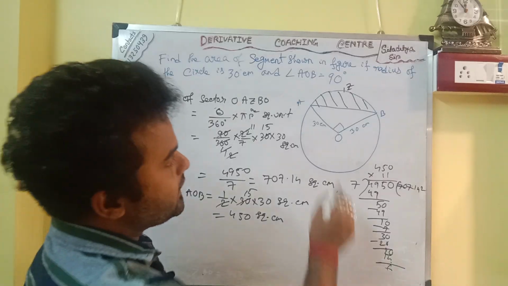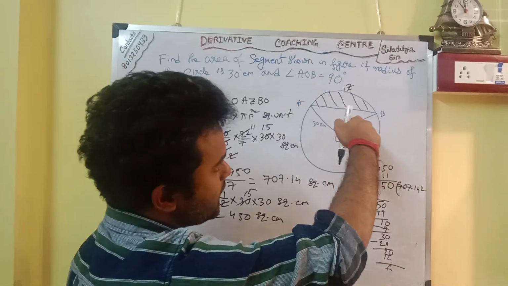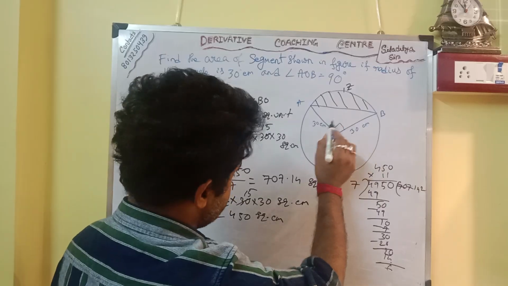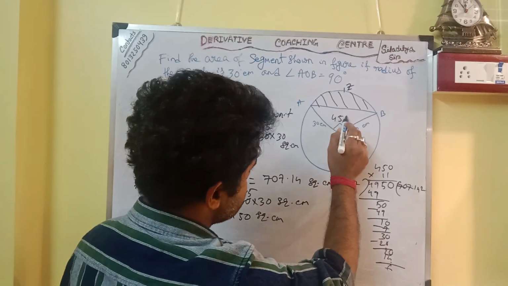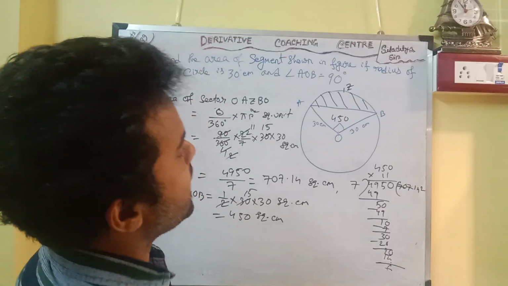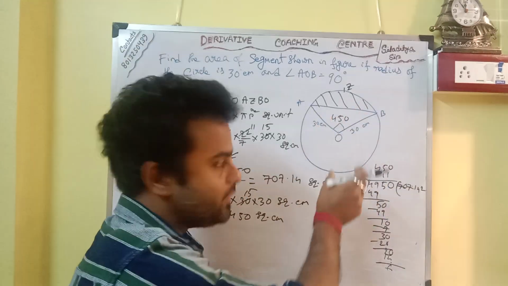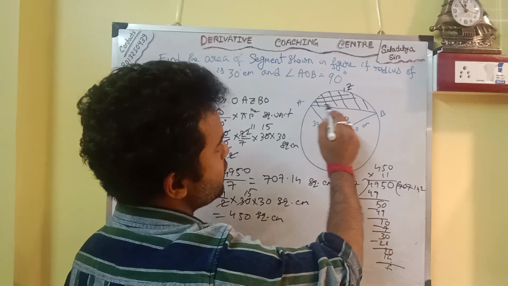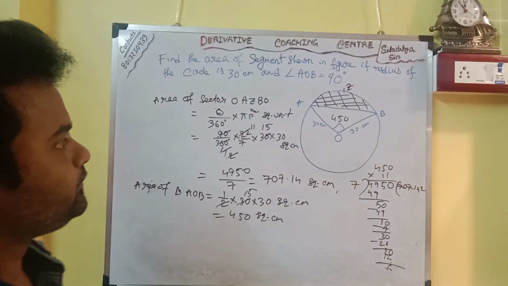Okay, now we have the area of the sector, and the area of triangle AOB is 450 square centimeter. If we subtract the area of the triangle, 450, from the sector, we get the area of this segment, this portion.